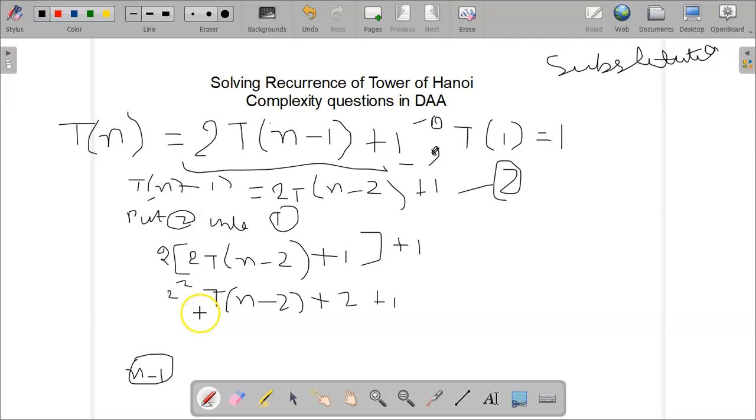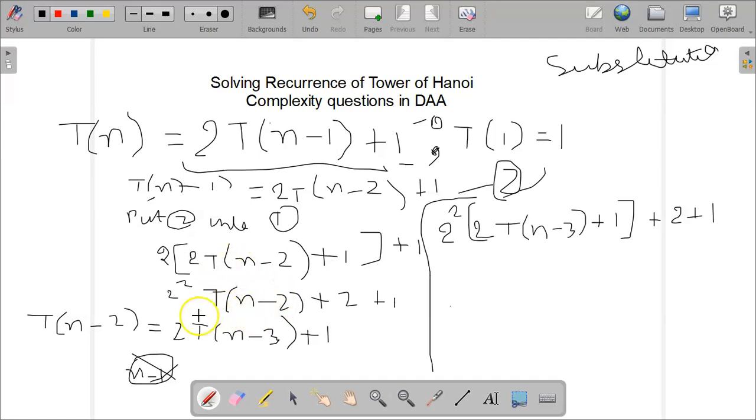Next we will substitute for T(n-2). T(n-2) is equal to 2T(n-3) + 1. Now we put this in place of T(n-2).